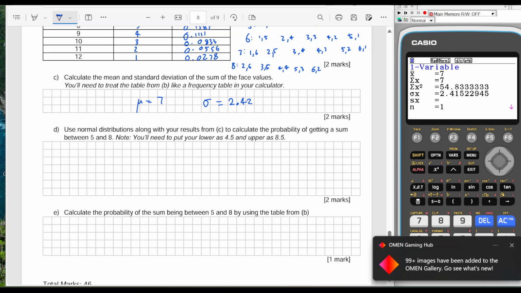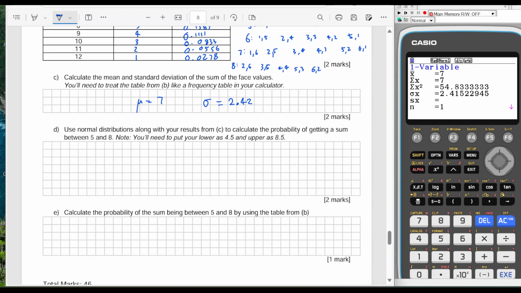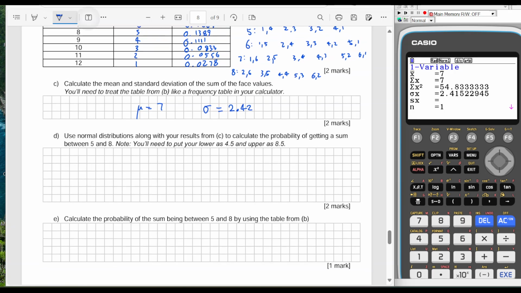Okay, using normal distributions, calculate the probability of getting a sum between 5 and 8. So now that we've got this, we can actually model this using a normal distribution. So let X be the total sum when 2 dice are rolled.